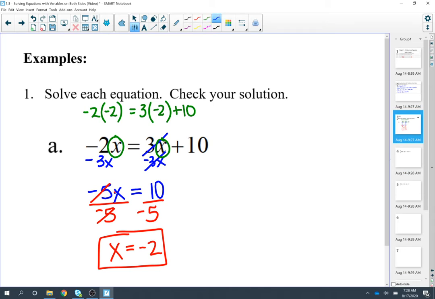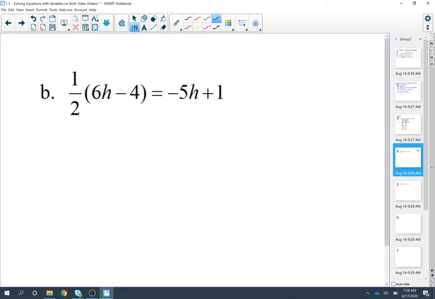Negative 2 times negative 2 is 4, equals 3 times negative 2, which is negative 6, plus 10. And if I finish this, negative 6 plus 10 is in fact 4. So 4 equals 4. And we're good.